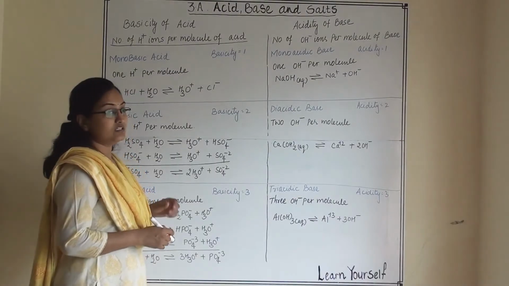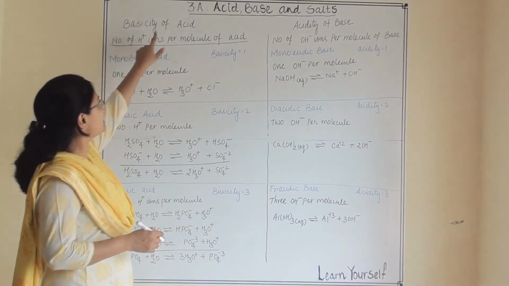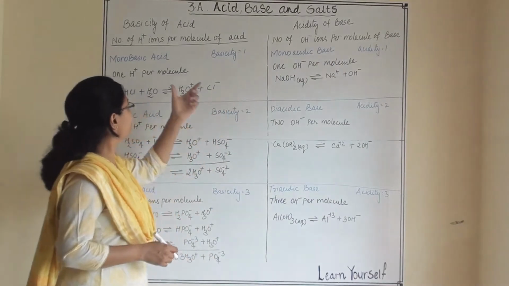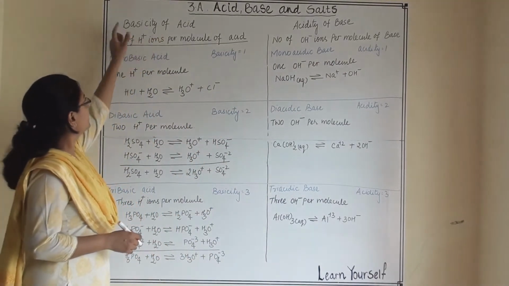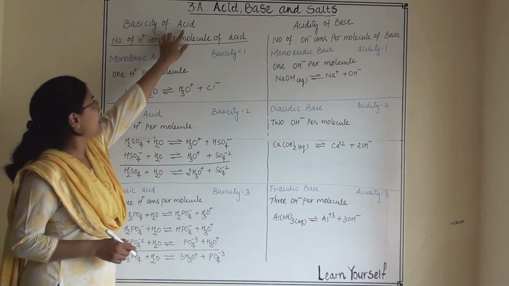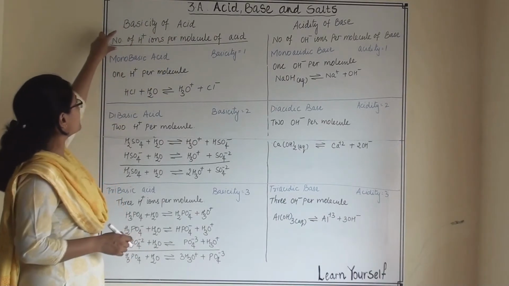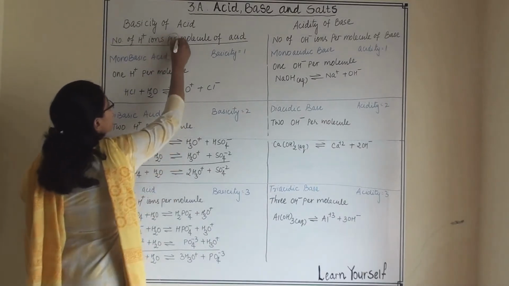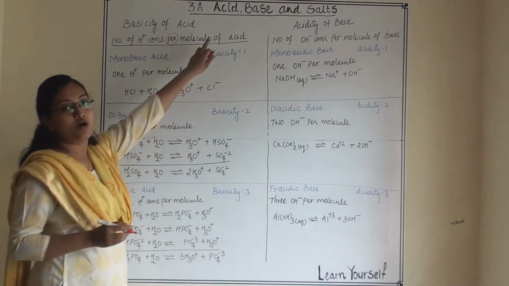Now let us see the classification of basicity of acid and acidity of base. First of all, what is meant by these terms? First, basicity of acid: that means the number of H plus ions generated per molecule of acid.